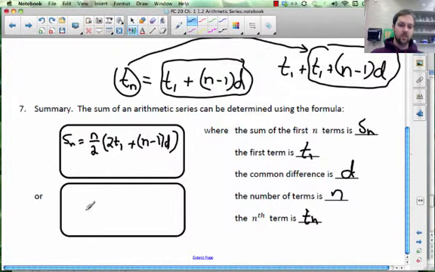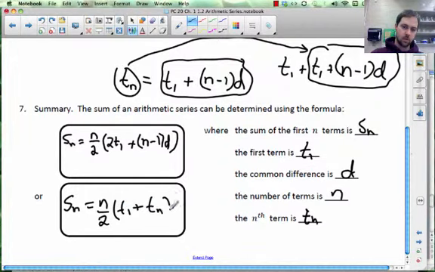Okay, so we can simplify this equation if we have the necessary known information, and we can write S sub n equals n over 2 multiplied by t1 plus tn. And of course the nth term is tn.